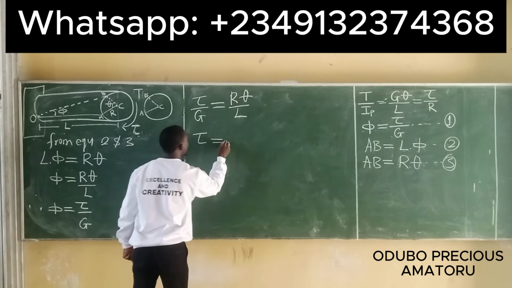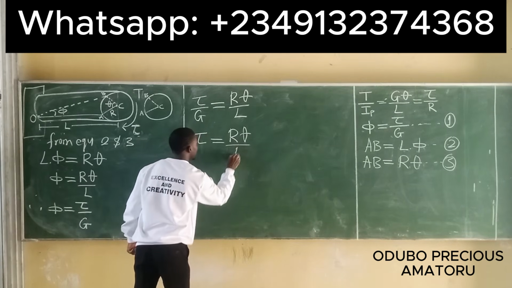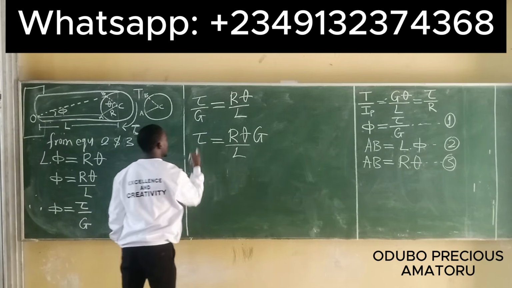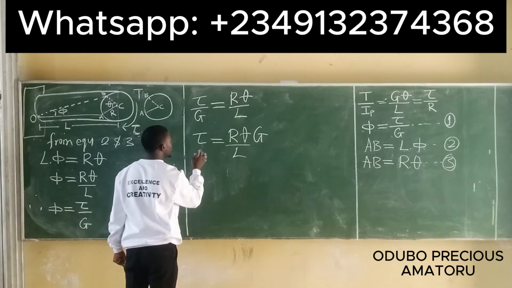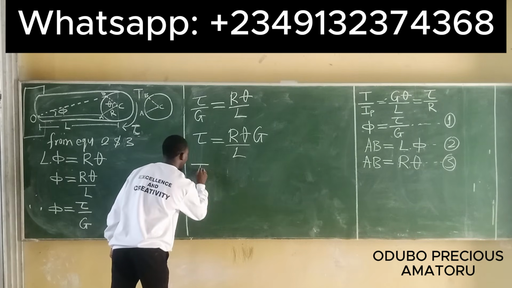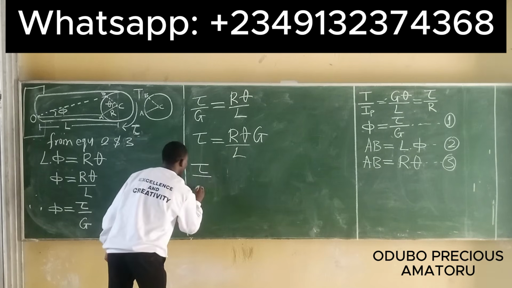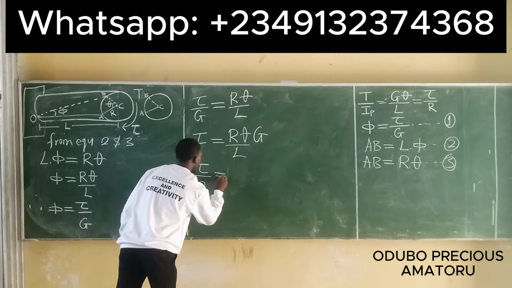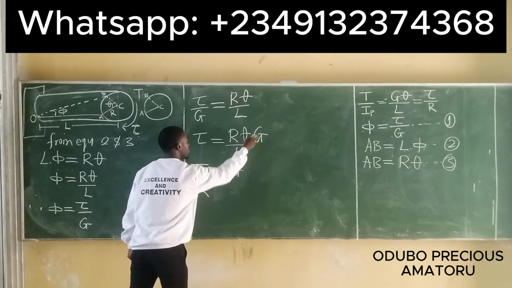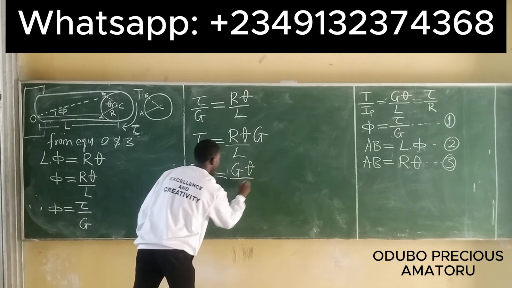We have that this is equal to R multiplied by this all over the length multiplied by G. So we just move this to this part. And we can rearrange this, take the radius to this part, to say that the shear stress all over the radius is equal to the modulus of rigidity multiplied by the angle of twist all over the length.